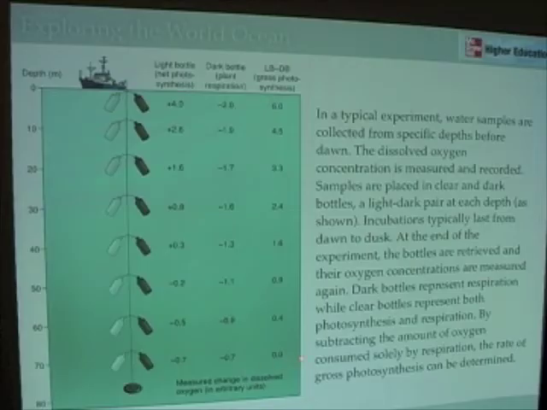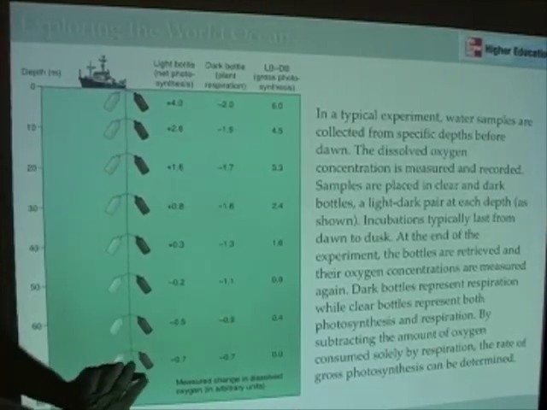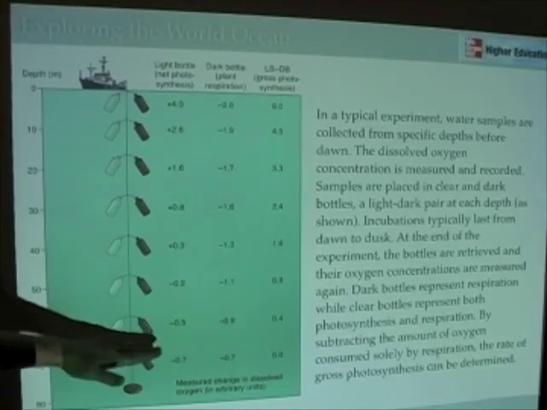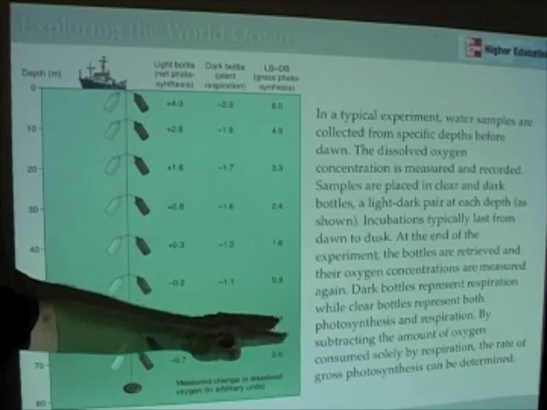No photosynthesis at all. What does that mean? Take a look at this one on the very bottom here. The light and dark bottles produce exactly the same result. Well, it's pretty simple. It just means that the light bottle is in the dark. And so there is effectively no difference between the light and dark bottles below this depth. Light has disappeared.